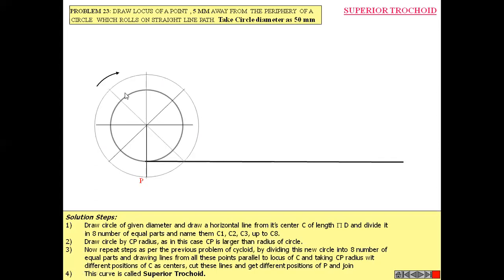Then you have to divide this circle either into 12 equal parts or 8 equal parts. Then you have to divide the line into the same number of equal parts.